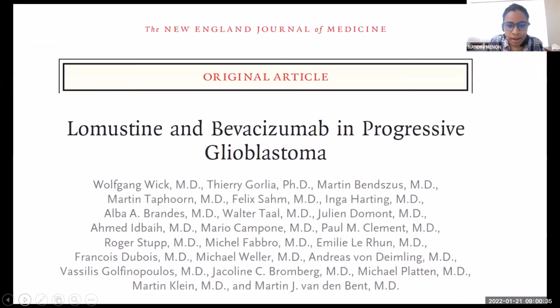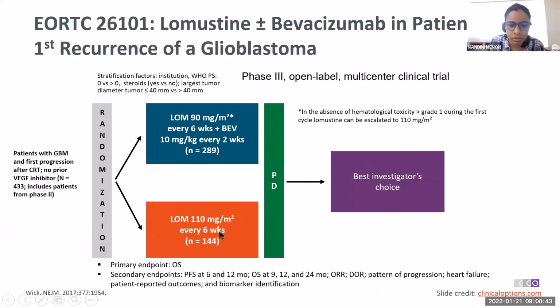So this is a large phase 3 study which explored the similar concept, that is combining bevacizumab with lomustine, and it was compared to lomustine alone at the first progression. Most of the studies which evaluated bevacizumab included patients at the first progression. So these are the ones which had progressed after initial surgery followed by chemoradiation, and then went on to receive either lomustine with bevacizumab or lomustine alone.